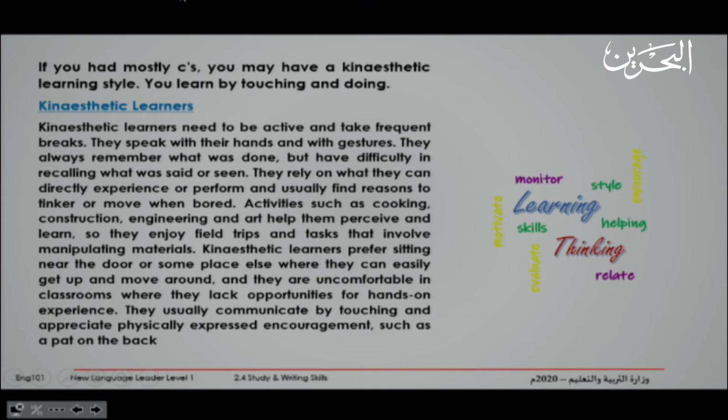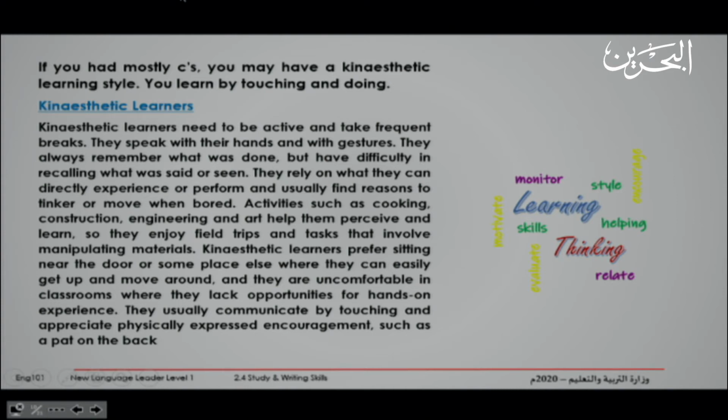Activities such as cooking, construction, engineering, and art help them perceive and learn. So they enjoy field trips and tasks that involve manipulating materials. Kinesthetic learners prefer sitting near the door or someplace else where they can easily get up and move around.